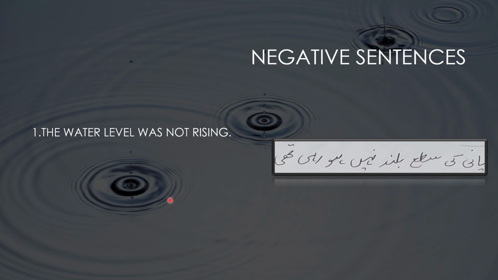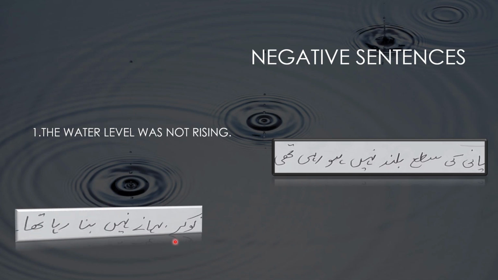Let's look at the next example. नौकर बहाने नहीं बना रहा था. बहाने, excuse, banana, make. Let's look at the translation using the structure subject plus was plus not plus verb fourth form and object.